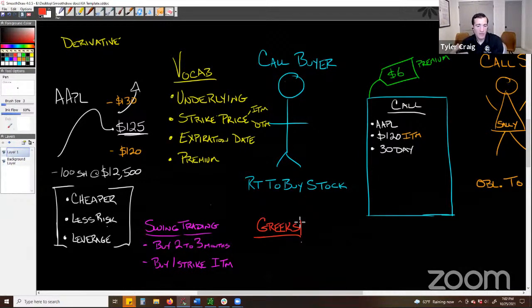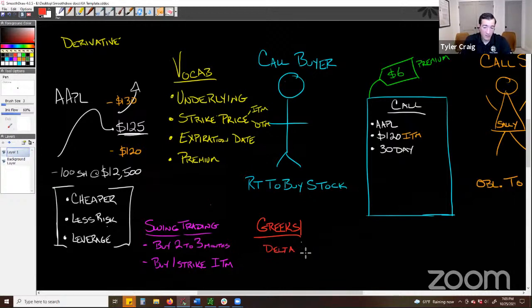I've given you some of the inputs here today: the stock price, the strike price, the expiration date. There's actually six inputs. And so using that pricing model, you can come up with what are called the Greeks, and they help you understand how the option is going to behave. Okay, they help you model the risk in the position. So for instance, I bet some of you have heard of the Greek delta.